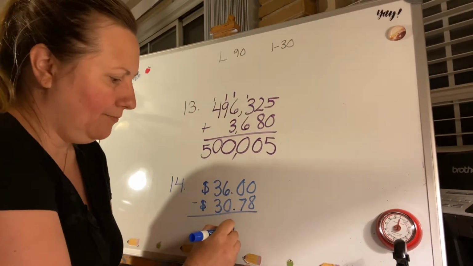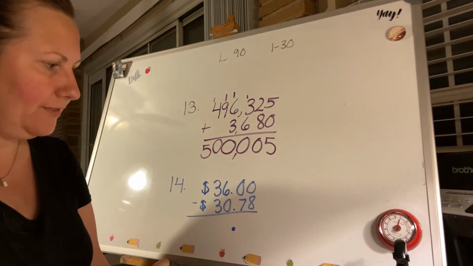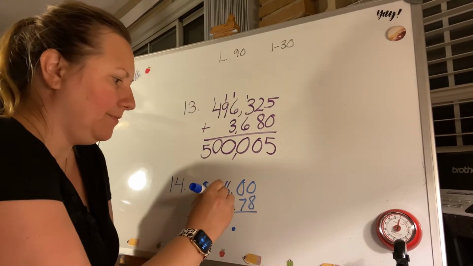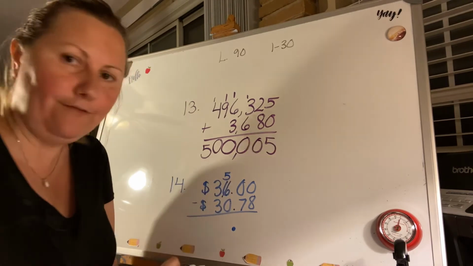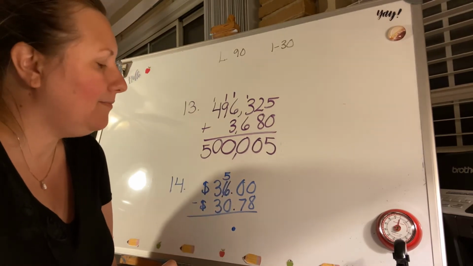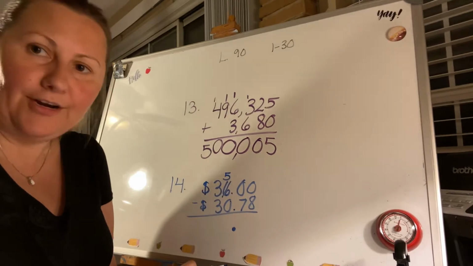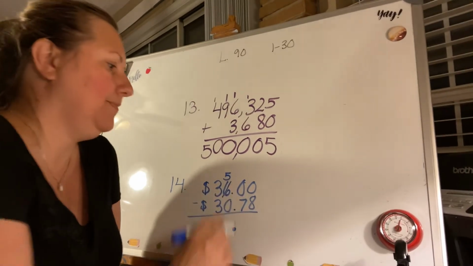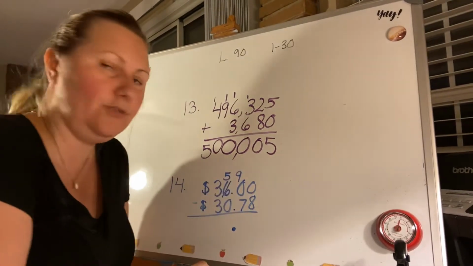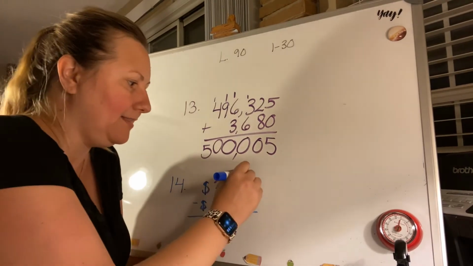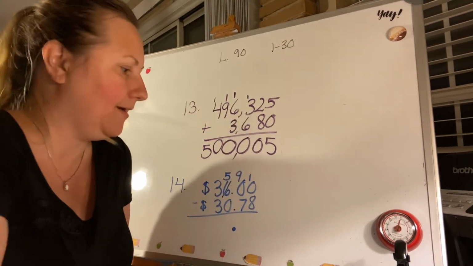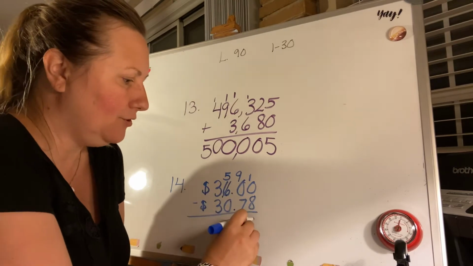Let me go ahead and put down my decimal point first of all. I'll have to borrow from the 6, put a 5. Now that I borrowed a dollar from the 6, I need to break it up. This will become a 9 to represent 90 cents, and then the rest of the 10 cents will go over here. 10 minus 8 is 2.